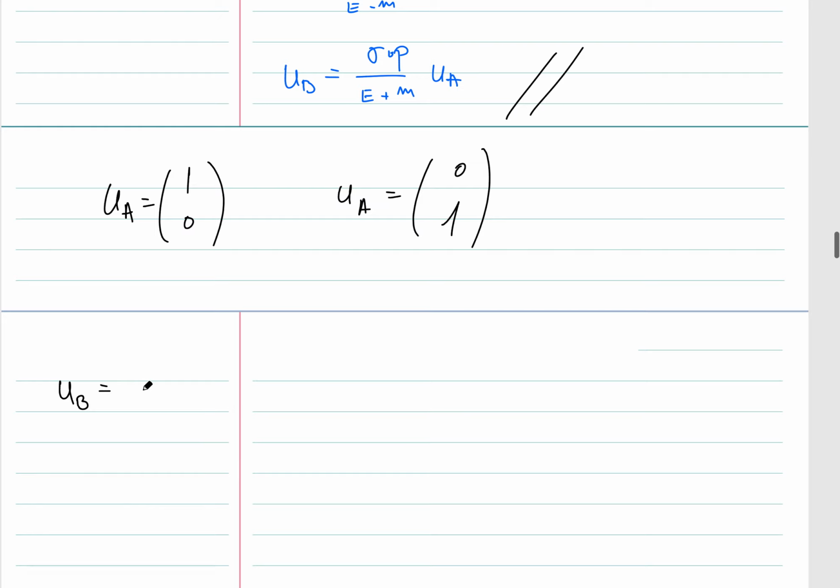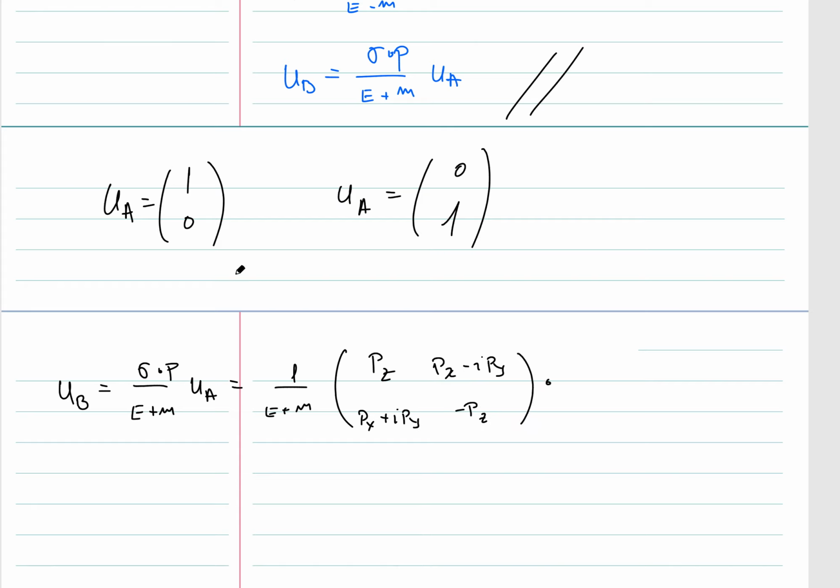You have UB would be sigma times P over E plus M, times UA. So 1 over E plus M, sigma times P. We know that sigma times P is the matrix with Pz, Px minus I Py, Px plus I Py, minus Pz, times, for this basis, we can take (1, 0).